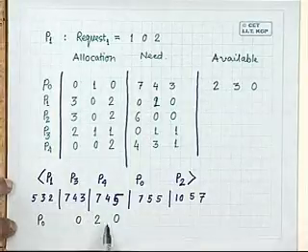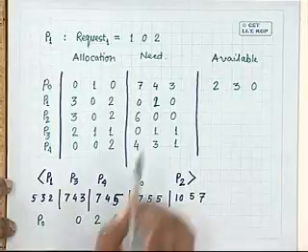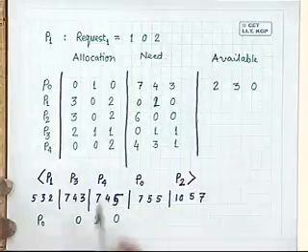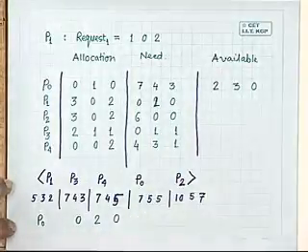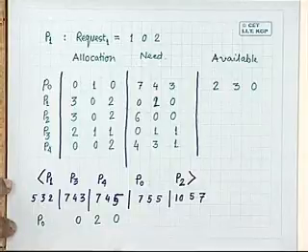You find that 020 is less than available. And 020 is also less than the need of the process. So this is a valid request, and you are in a position to allocate this request, to meet this request. Okay. You take this as an exercise. You try to find out whether this request can be met or not.